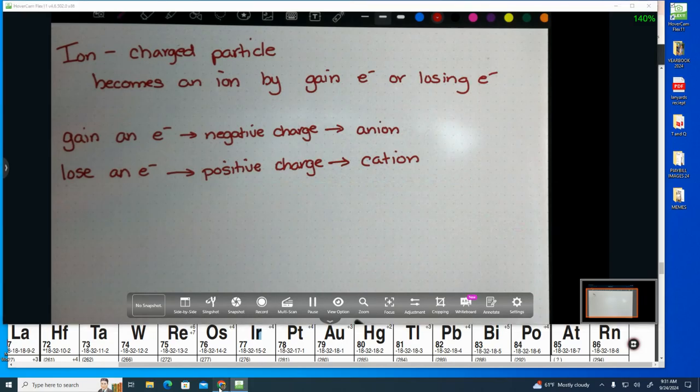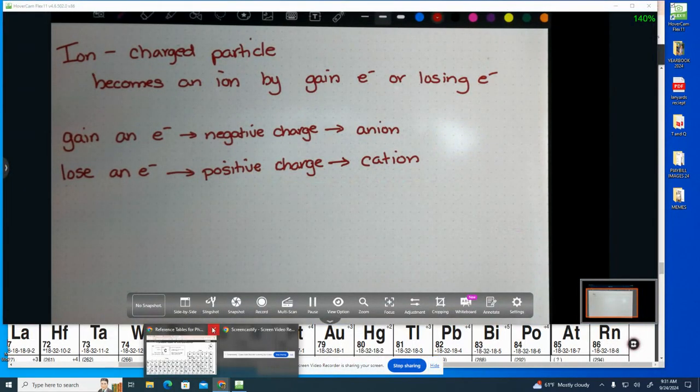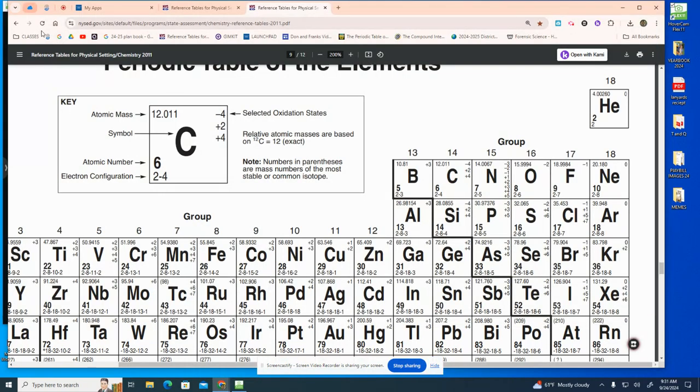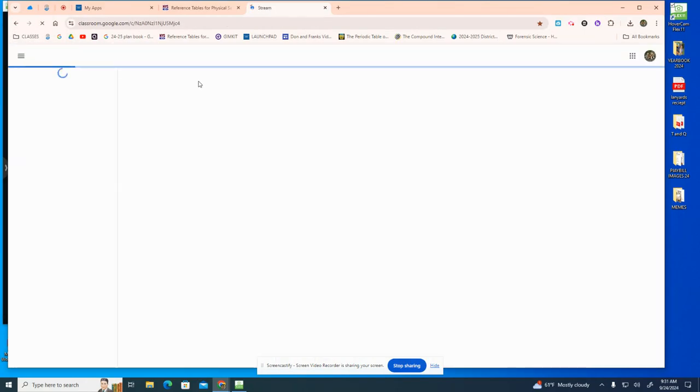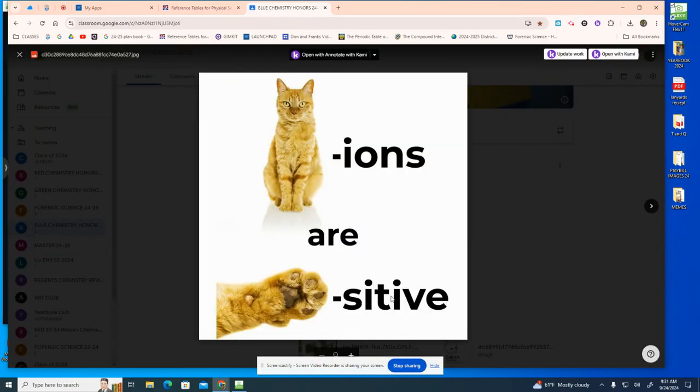But then I get to show you one of my favorite things, because I love memes. Where's my thing? Oh my God, I love them. They're so fun. All right, so let's go. I put it on the blue class already. I didn't put it on yours. So let's look. What does that say?